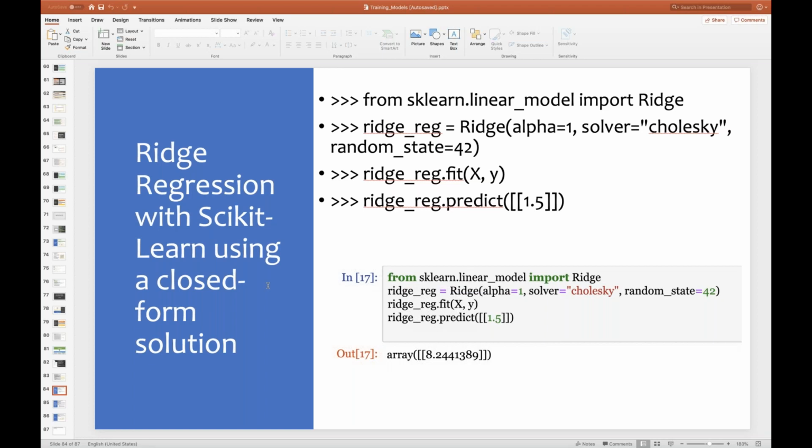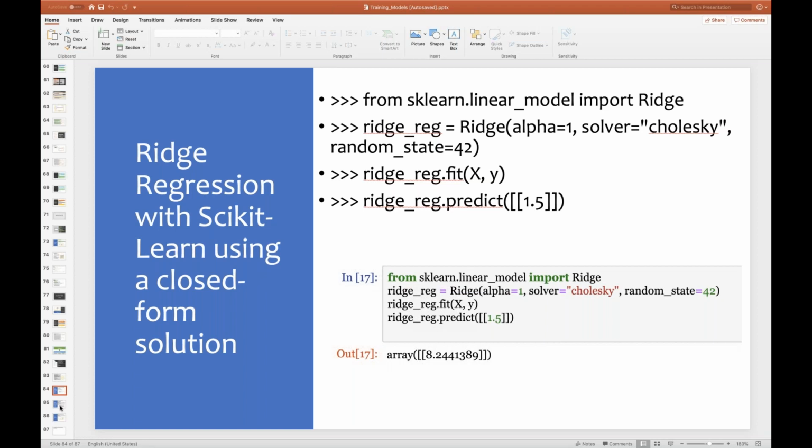You know why we use random state? Along with that, use alpha and solver. Now, ridge_reg.fit(X, y): you are fitting your features and labels. Then ridge_reg.predict: you are predicting at 1.5 using the closed form. It has given you some value.